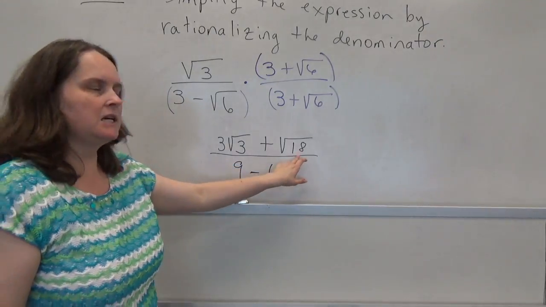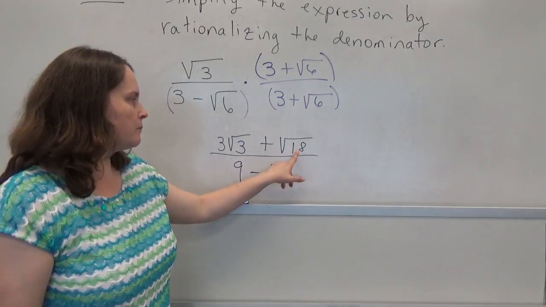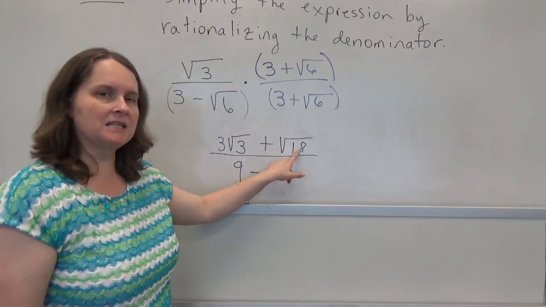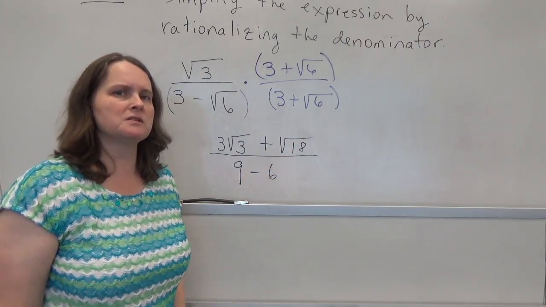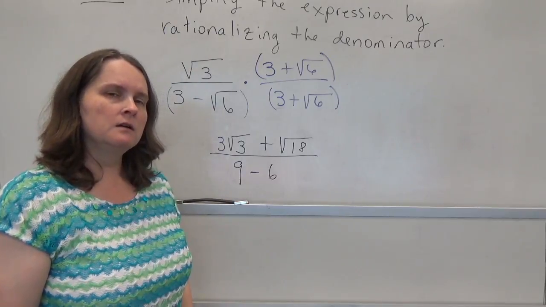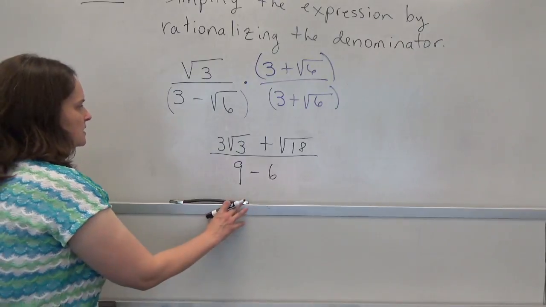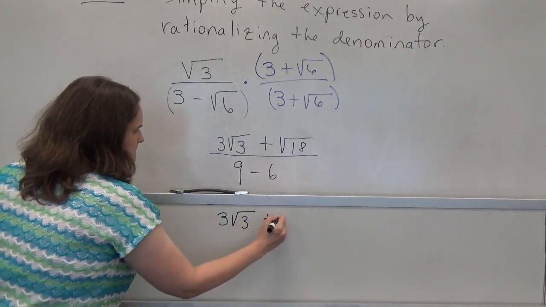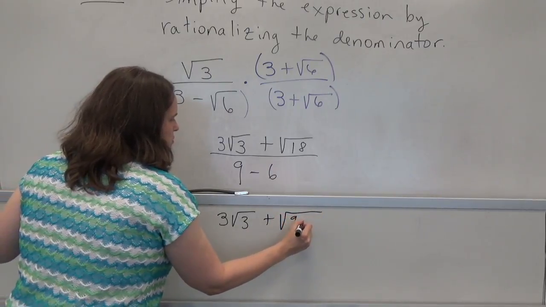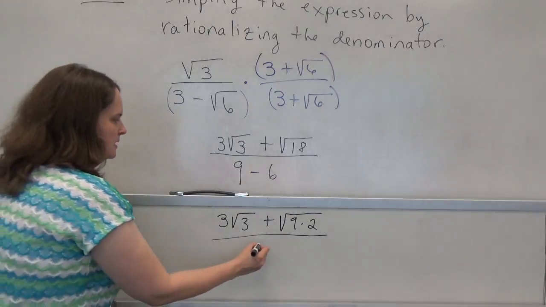Think about your 18. You need to see if you can get anything out of that radical. If you think about factors of 18 that you might be able to use to help you, is there a perfect square that's included as a factor of 18? 18 would be 9 times 2. So you can say that this is the square root of 9 times 2. The denominator, 9 minus 6, gives me 3.